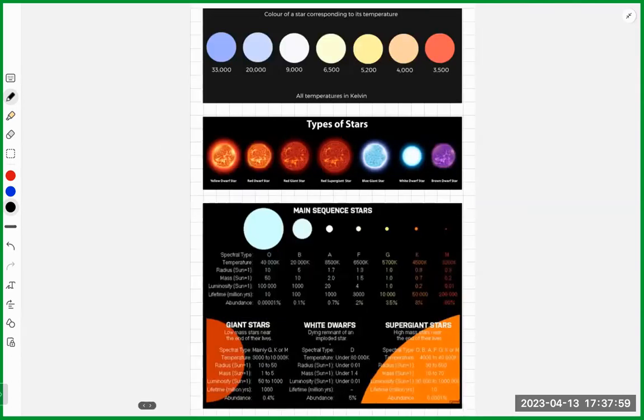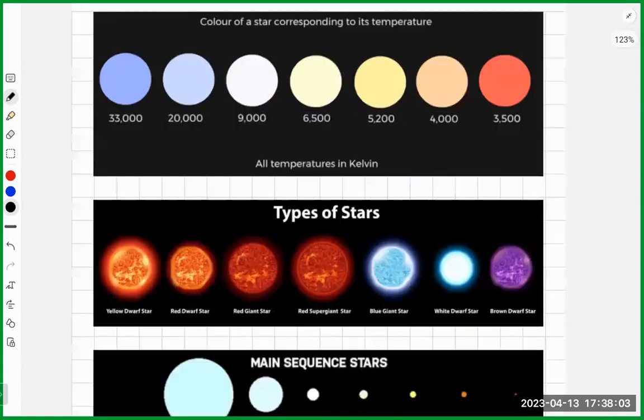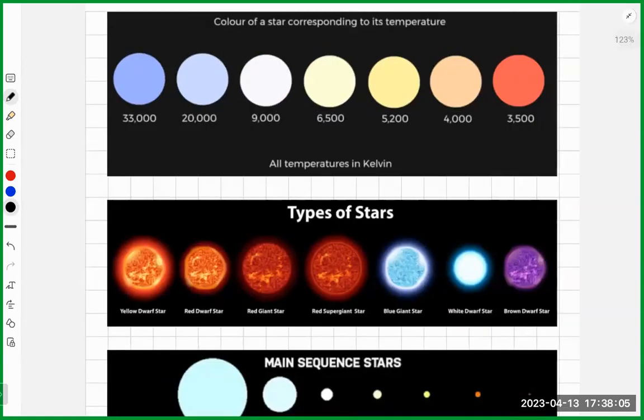So here is just for information, because we have done these things, that the temperature is proportional to the color, the wavelength.